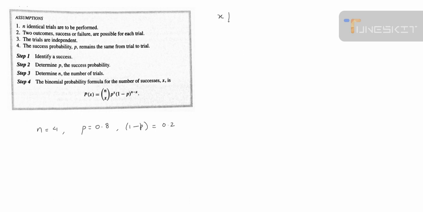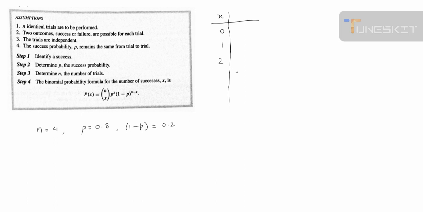Now we construct a table in which our random variable x will represent the number of successes that we may achieve when this medicine is tested on 4 patients. So there may be zero success. Zero success means none of the four will be cured. Then one success: one of the four individuals on which the medicine is tested is cured.